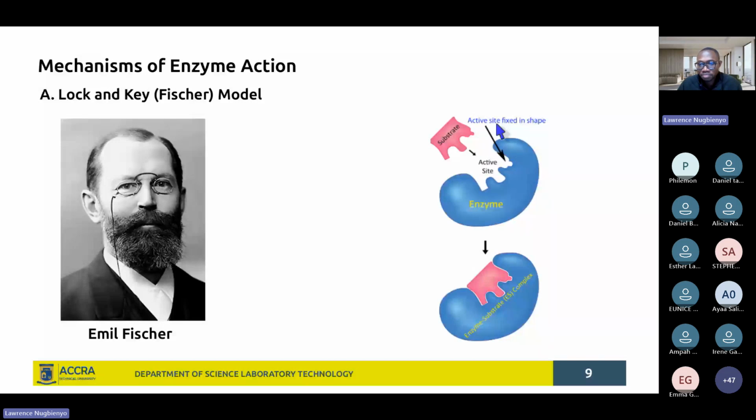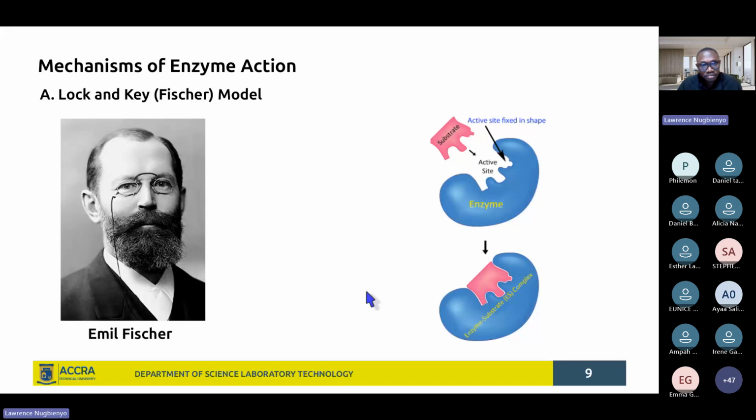So that's what is being depicted here in this diagram, that you have a substrate and you have an active site of an enzyme, which is fixed, and you have that substrate that binds to give you an enzyme substrate complex. And then you can have the reaction proceeding.